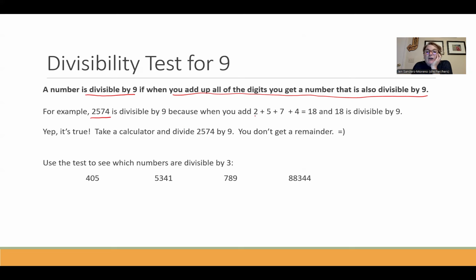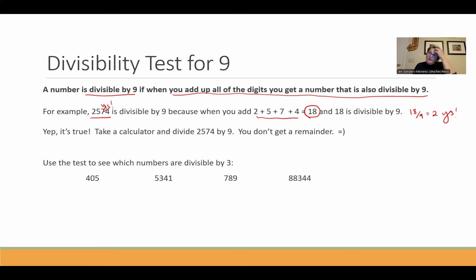But if I add all those digits together, 2 plus 5 plus 7 plus 4, we get 18. 18 is divisible by 9. So that means that the original is also a yes. So if I did long division, 2,574 divided by 9, you're going to get a remainder 0.